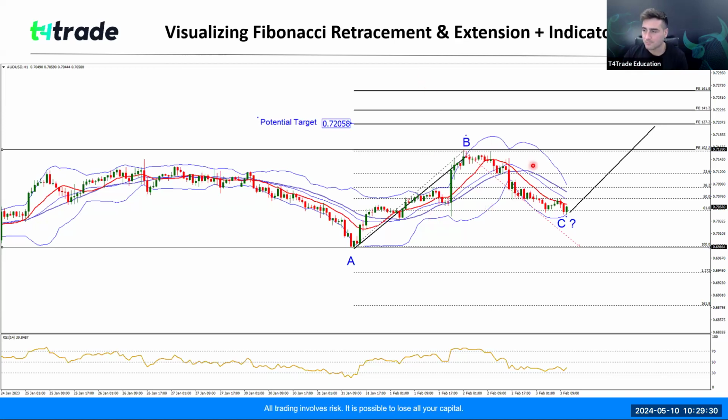Okay. In this kind of scenario, we do not have a clear indication that the price action is going to extend towards the upside. And how do we know this? Other technical indicators confirm that.